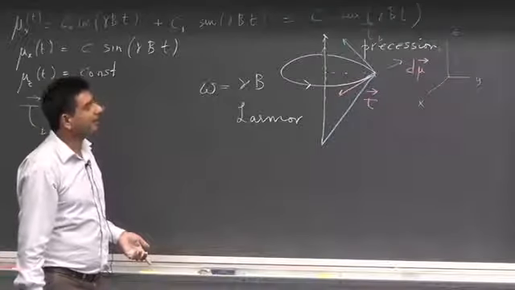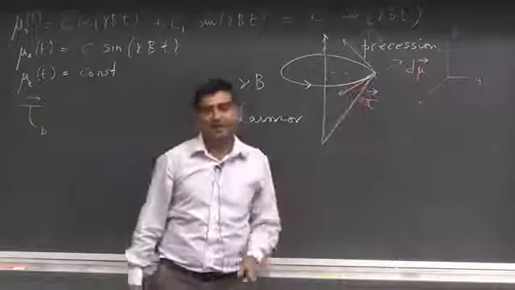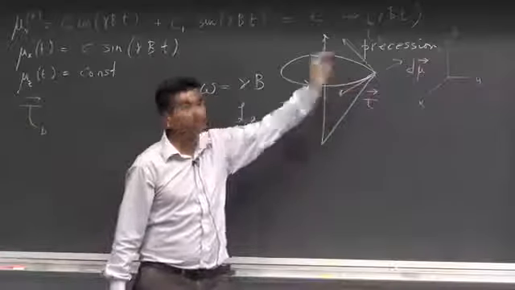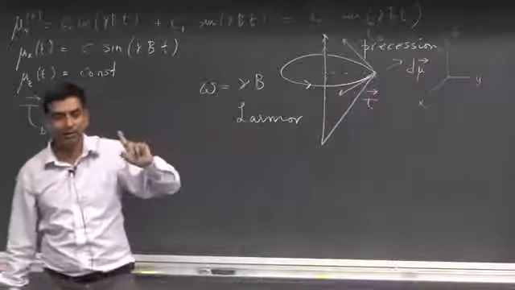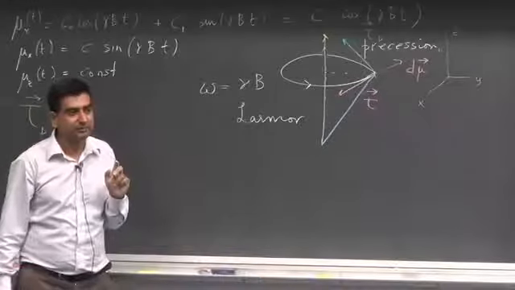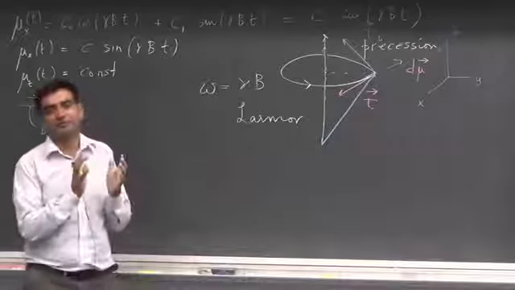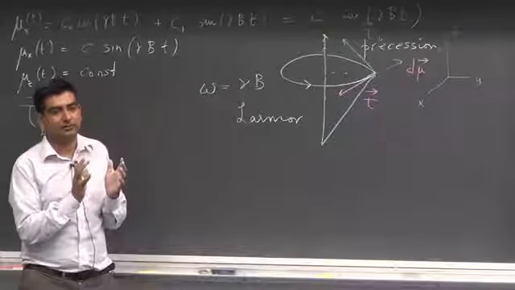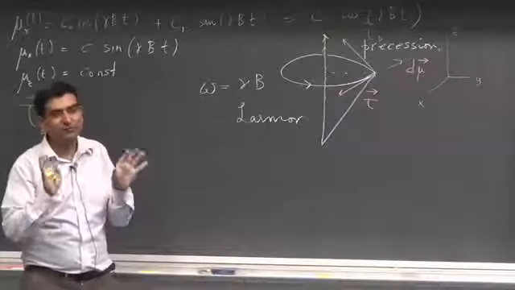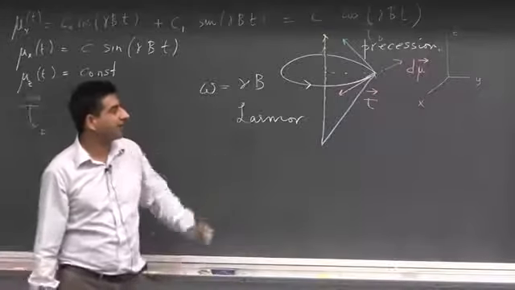Can I take any two vectors inside this diagram and form a cross product between those vectors, and the cross product is along tau d? Can I identify two such vectors? You see, torque is mu crossed with a magnetic field. Okay? So I would like to write this as a cross product of two vectors. What two vectors could I take here by looking at the diagram?